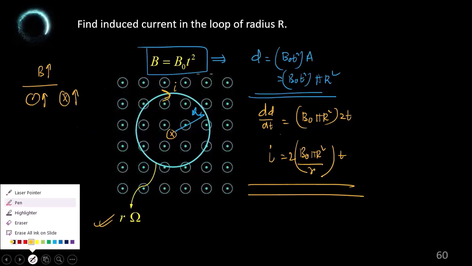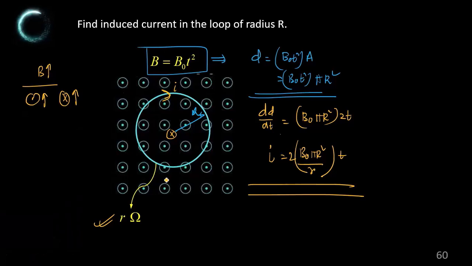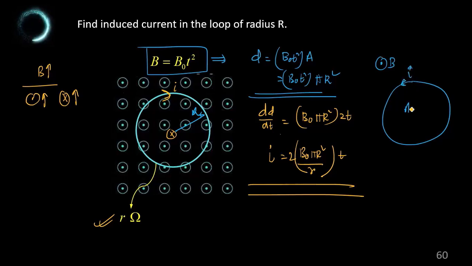If I follow the other law, Faraday's law, initially I have to assume one direction. For the dot magnetic field, I put the current in the anti-clockwise direction. If I say this is the I direction, then only I can say A is dot. Now calculate the phi number.